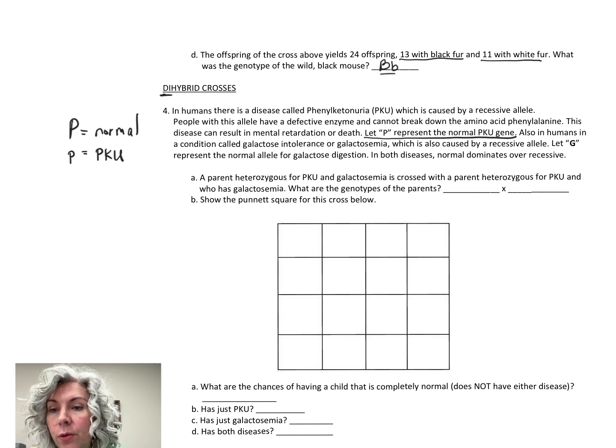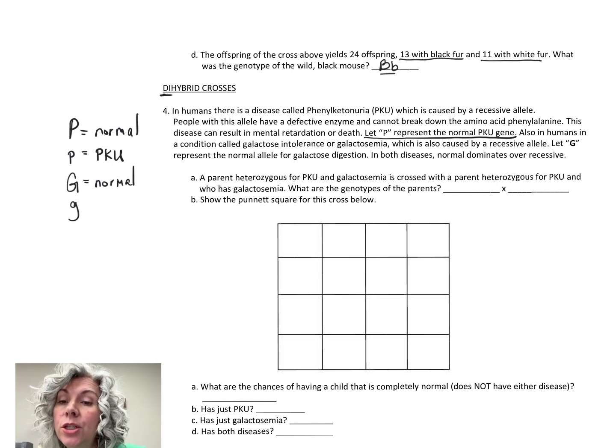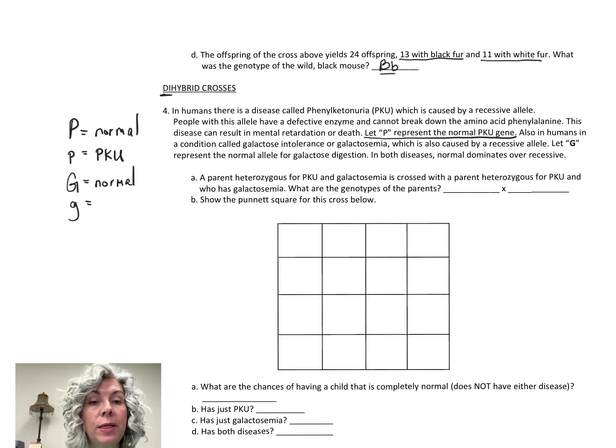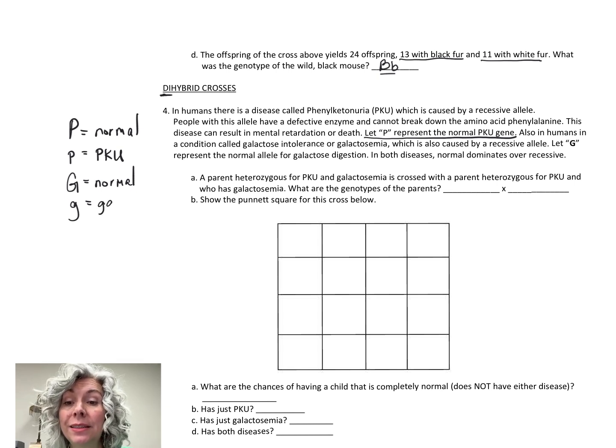All right, so here we go, making our key here. Capital G is normal. And then lowercase g, because it says it's a recessive allele, is galactosemia.